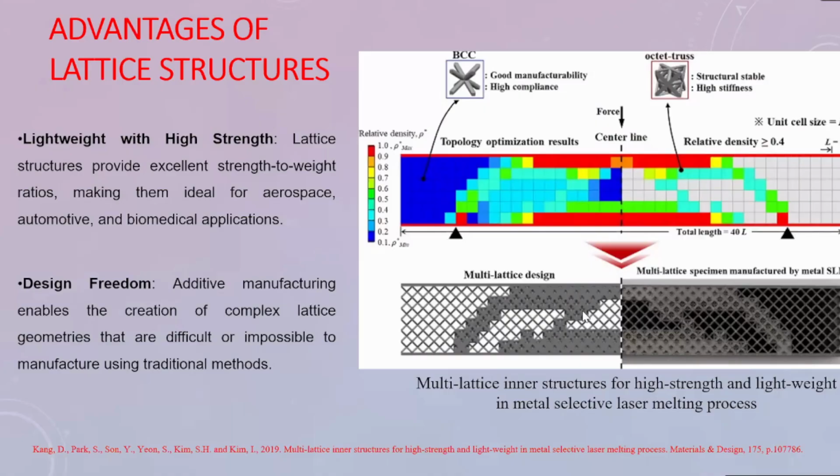And here you can see a different lattice, which is octet, present according to the load bearing requirements. So for such an application, we can have a combination of higher load carrying capacity and stiffness, and a less material consumption constraint also.